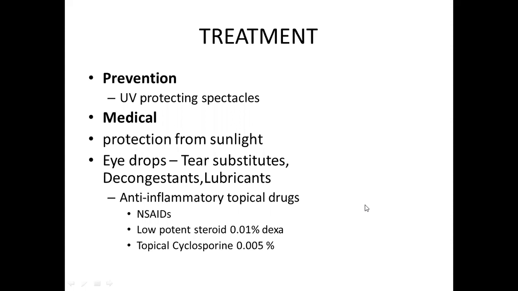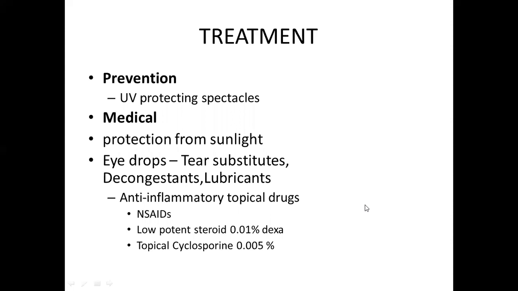However, like I've said earlier, you can use eye drops. I told you irritations can happen, even itching can happen. So you use eye drops, tear substitutes, decongestants, lubricants to try and reduce all those symptoms before you plan the patient for the definitive treatment, which is surgery.